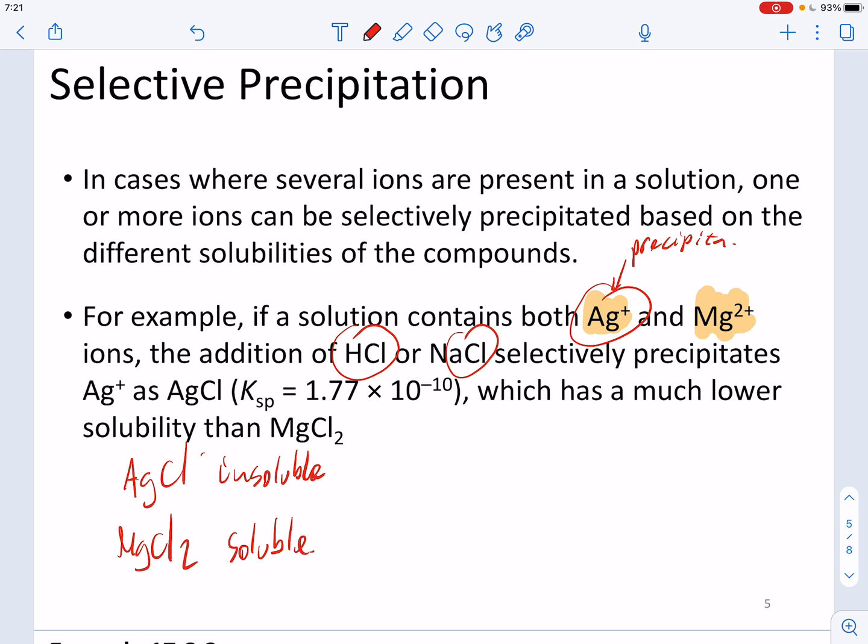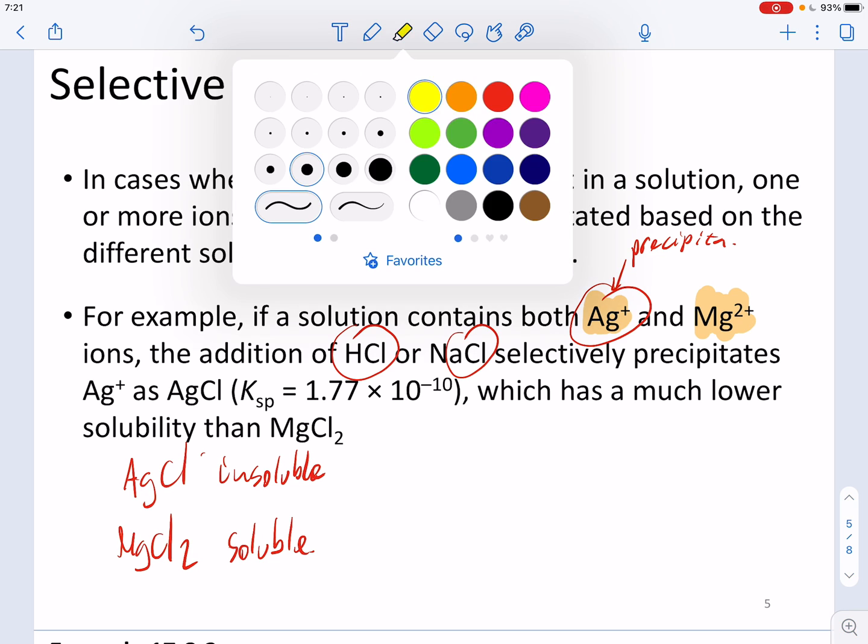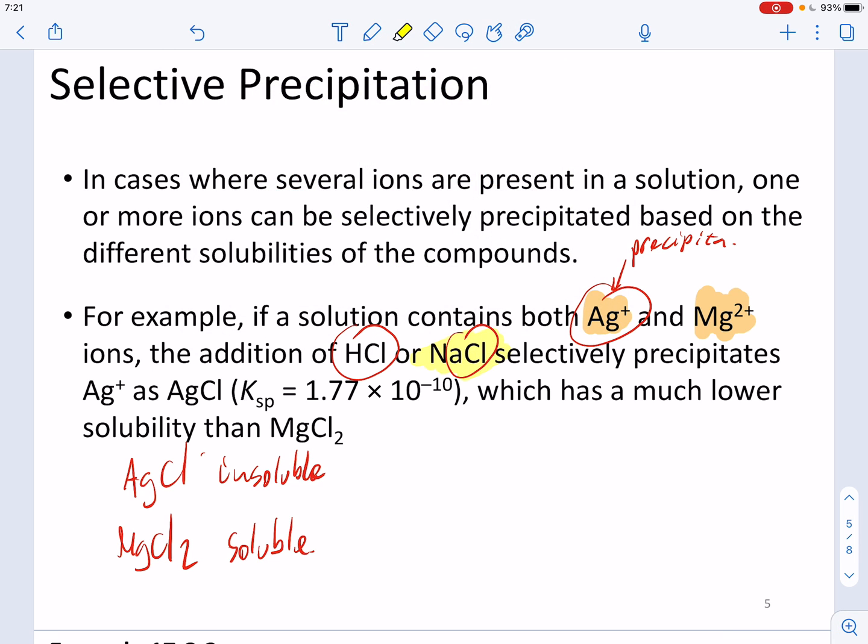So if you add sodium chloride, you will precipitate silver chloride while the magnesium chloride remains in solution. So that's the purpose of the selective precipitation, being able to separate ions based on different solubilities.